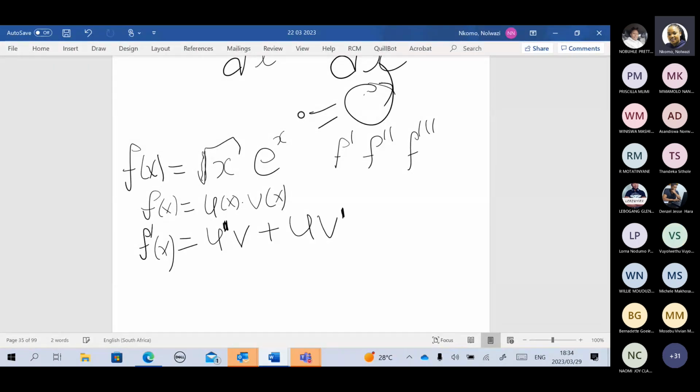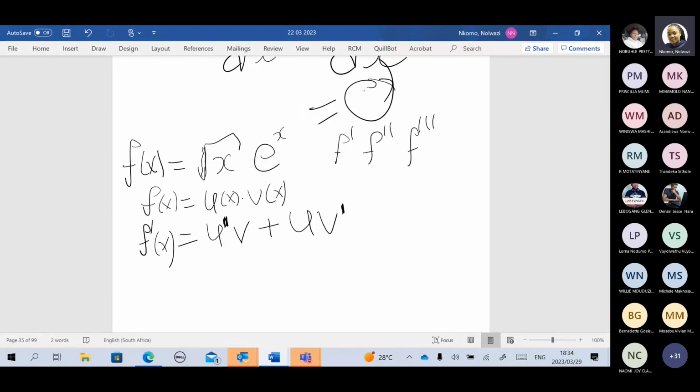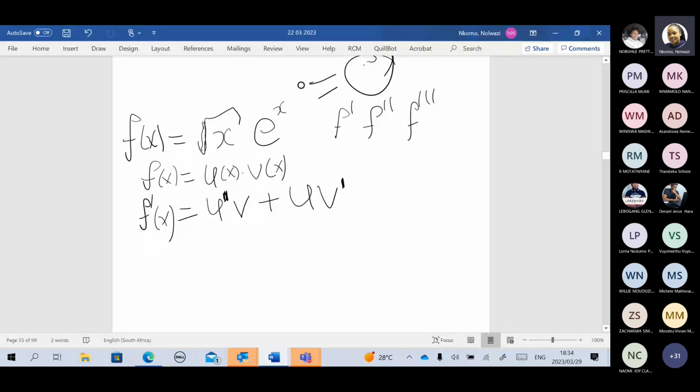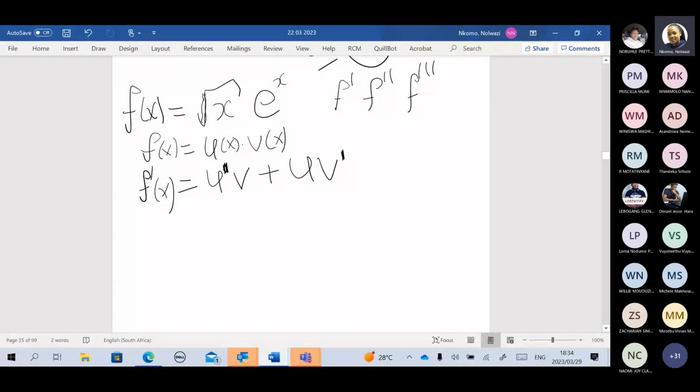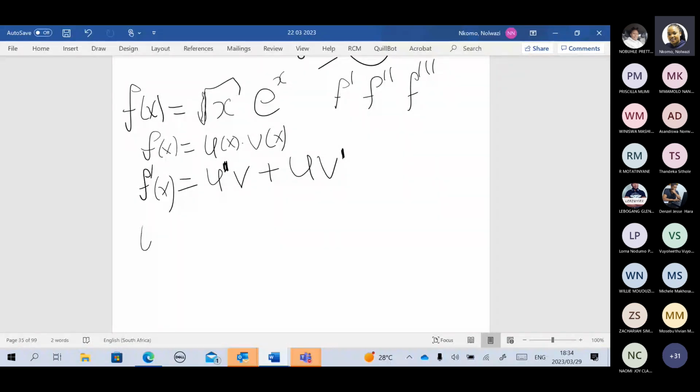Suppose we let our u of x be square root of x. Remember, you can write the square root of x as x to the power a half, right? And then we let our v of x, the second function, be e to the power x, right?